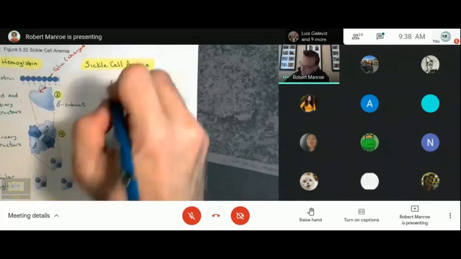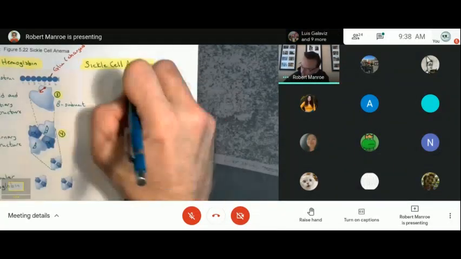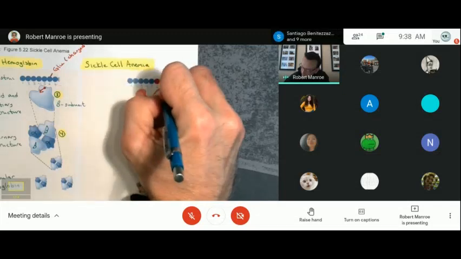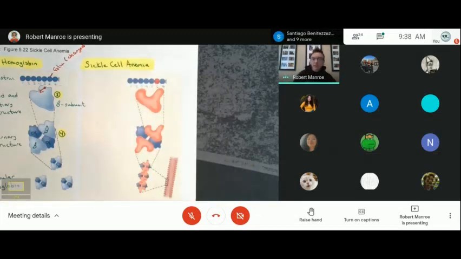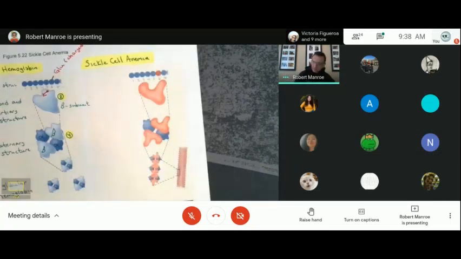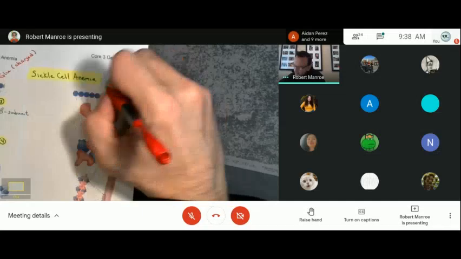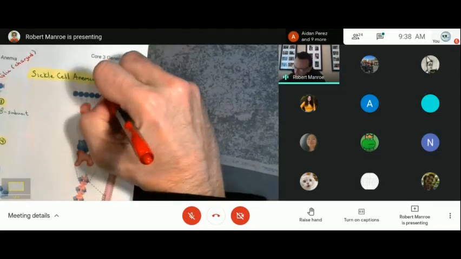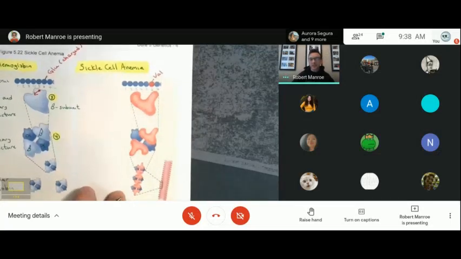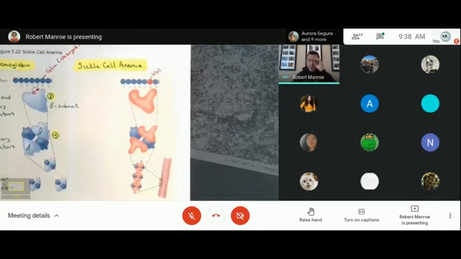Get a load of this. 1, 2, 3, 4, 5, 6, 7. Do you see how number 6 is colored red here? Yes. Number 6 is colored red because the mutation is a valine. It's one amino acid. The 6th amino acid, instead of being glutamic acid, which is polar, it's valine.